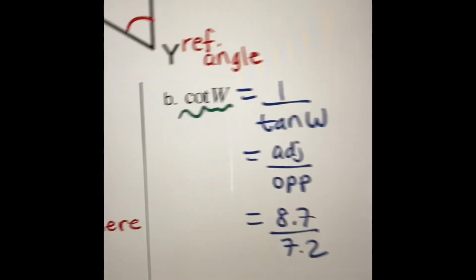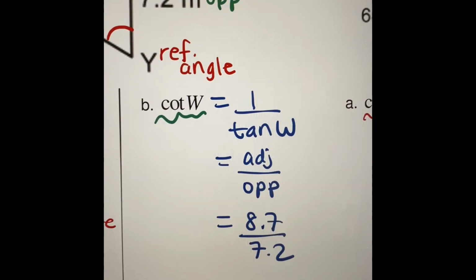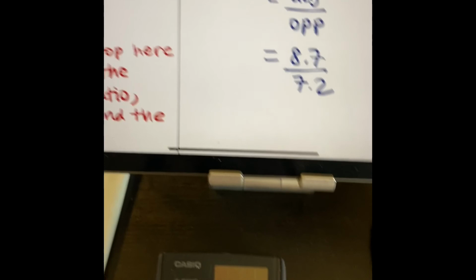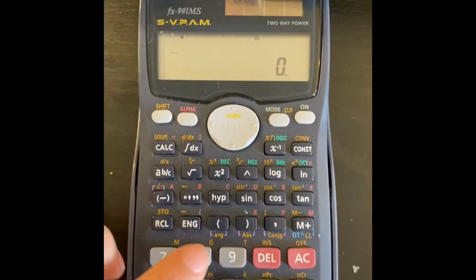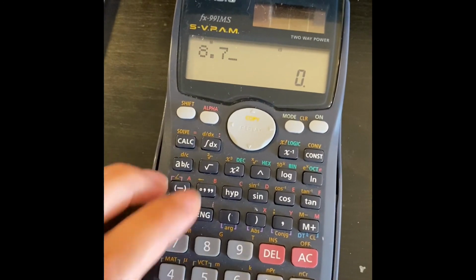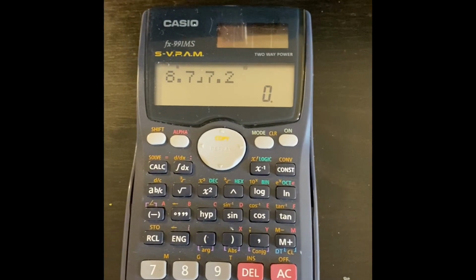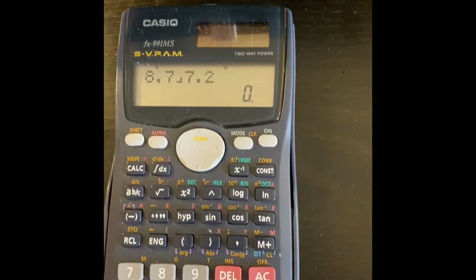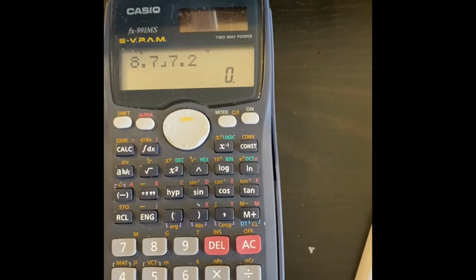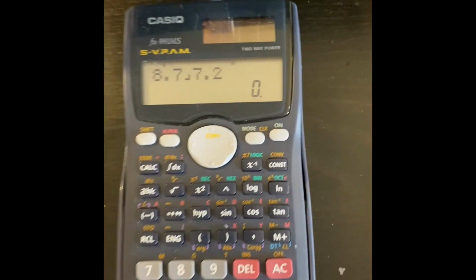Just to show this for a second, 8.7 divided by 7.2 is technically bad form. And this is how I use the fraction button. So I'm going to do 8.7 fraction button 7.2. I mean, the long way is that you could multiply by 10 on the top and bottom and then reduce it and whatnot.